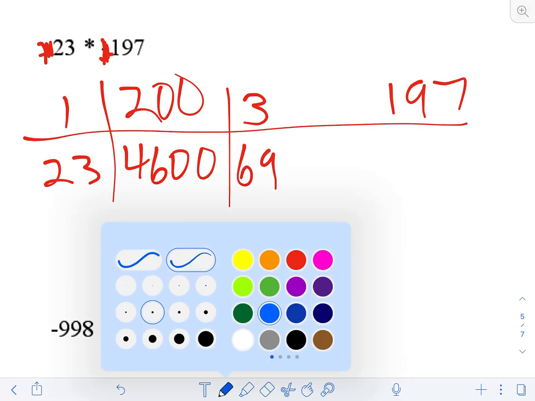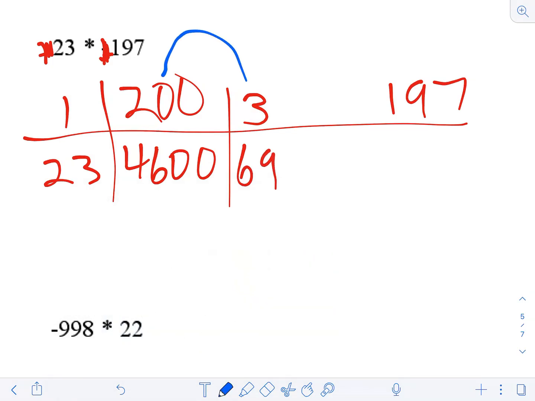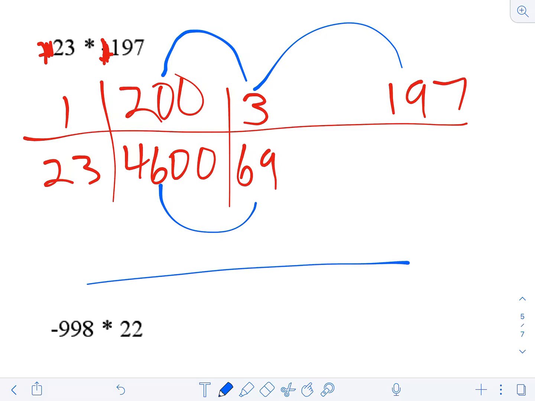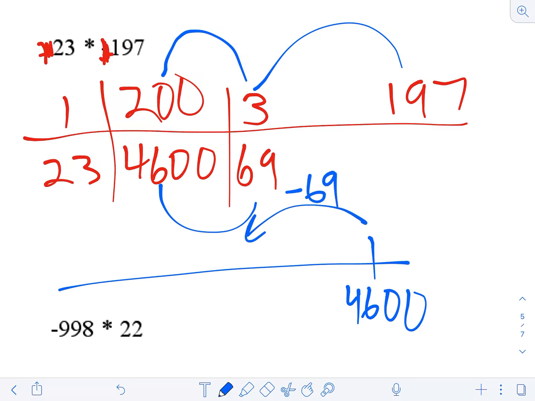So 200 minus 3 is 197. So 4,600 minus 69, that's not going to be too bad. Let's do 4,600, and I want to minus 69. That's a lot of work. What if I just minus 70 instead?